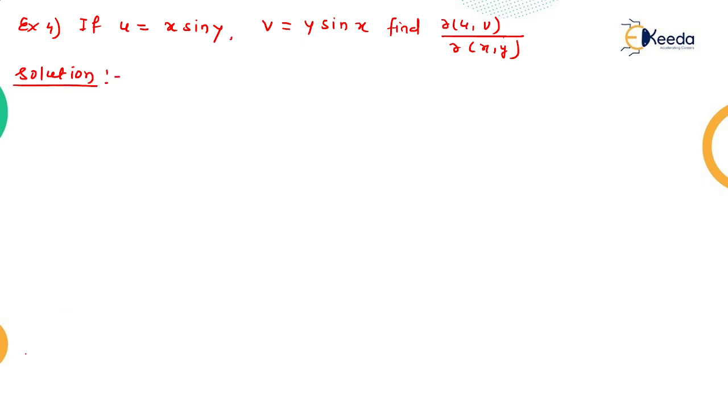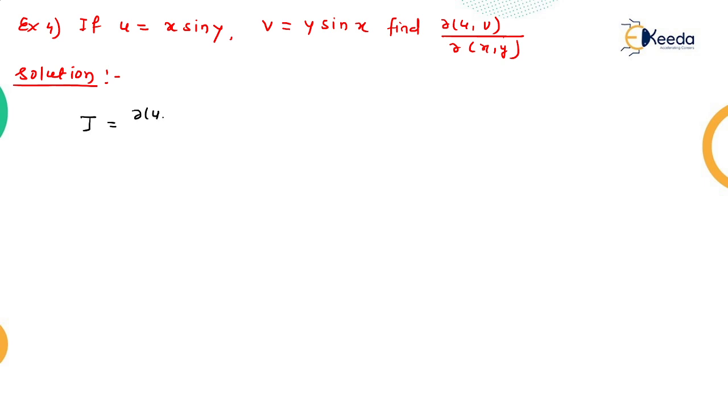You have to just use the definition of Jacobian here. Let u and v be functions of x, y, so I am directly using the Jacobian. I am solving this example by a shortcut method. First you have to write what a Jacobian is.